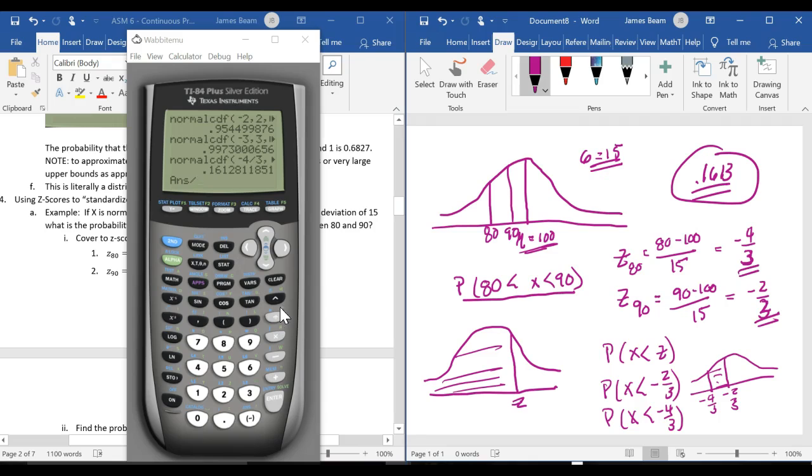But these wonderful people from Texas Instruments don't even want me to do that much work. I can literally just feed into the calculator the normal CDF from 80 to 90 with a mean of 100 and a standard deviation of 15, and voila, there's the 0.1613.